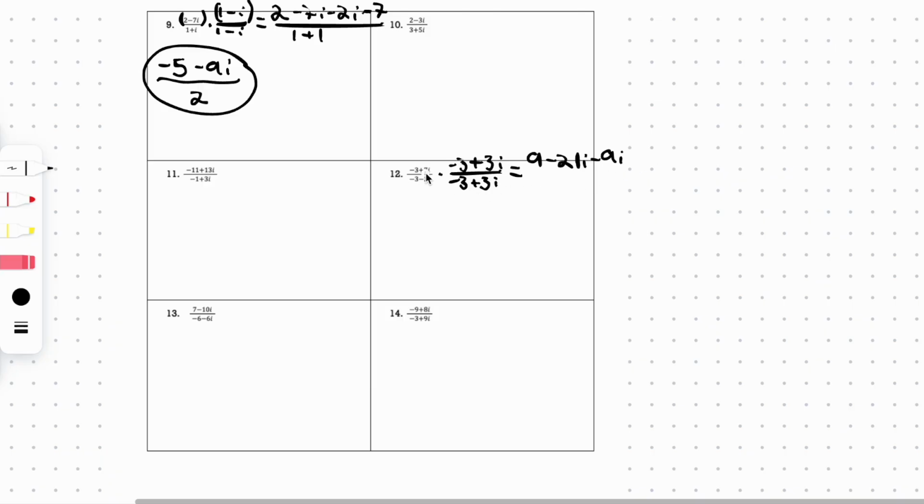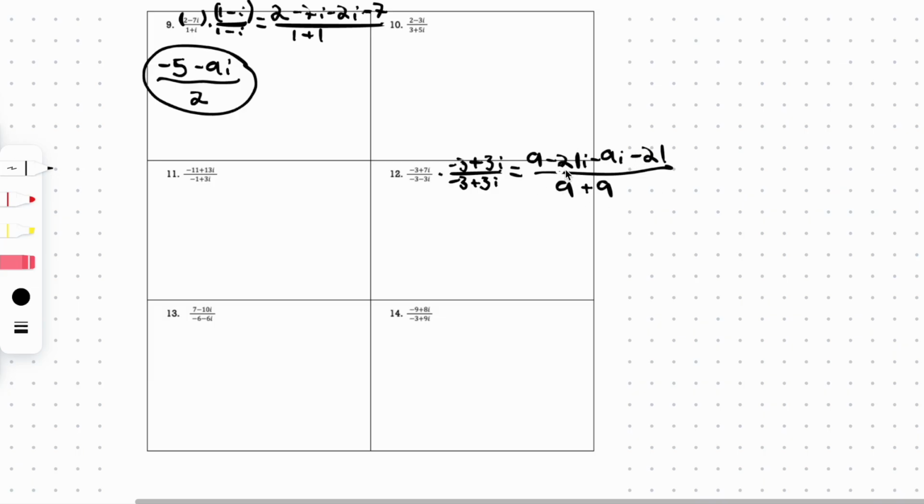And then we have 7i times 3i, 21i squared. And i squared is negative 1, so we're going to do minus 21, over negative 3 times negative 3 is 9. And then 3i times negative 3i is going to give us negative 9i squared. And i squared is just negative 1, so we actually do plus 9.